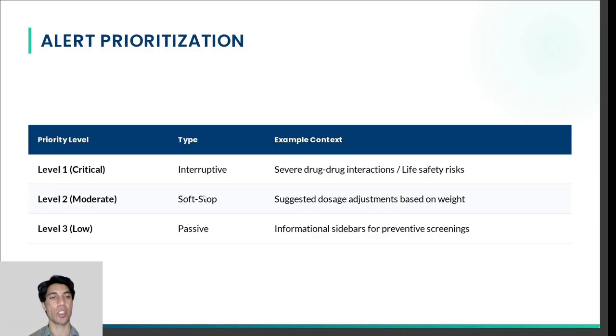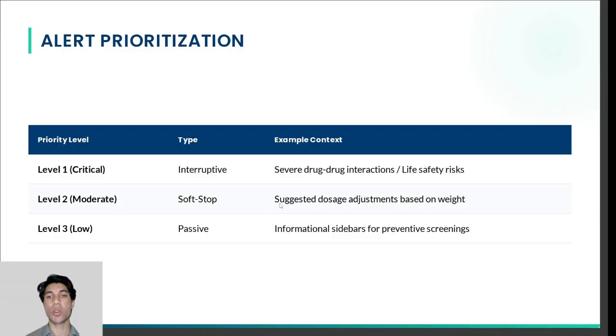Level one, critical, are interruptive alerts. These could include severe drug-to-drug interactions or life safety risks. These are the most important ones, and they interrupt the normal workflow of the clinicians, because these are matters that require urgent attention.